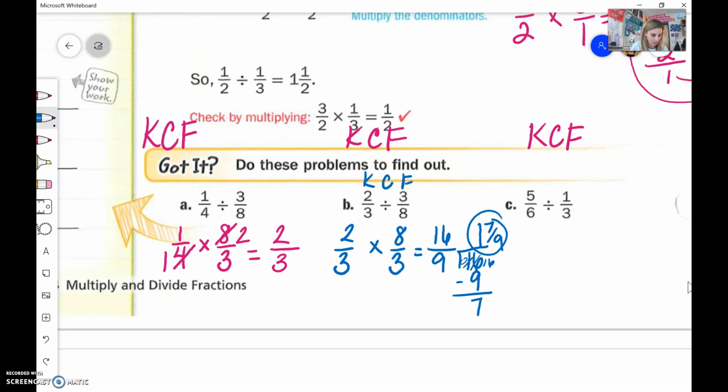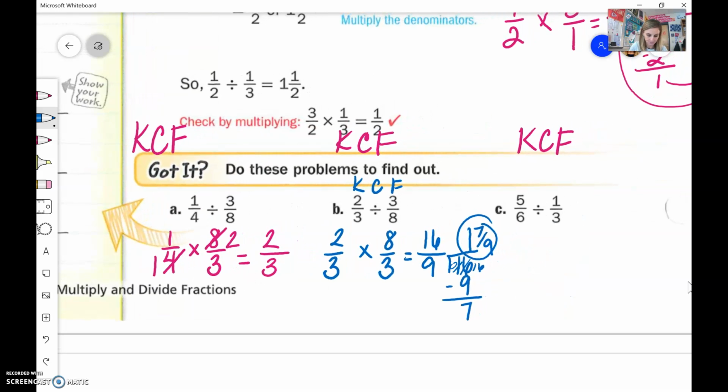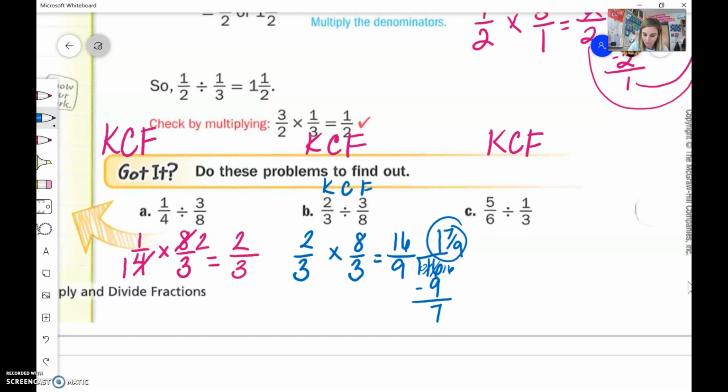All right, moving over here. Keep, change, flip. So I'm going to keep the first number, change the division to a multiplication, and flip the 1/3 to 3/1.